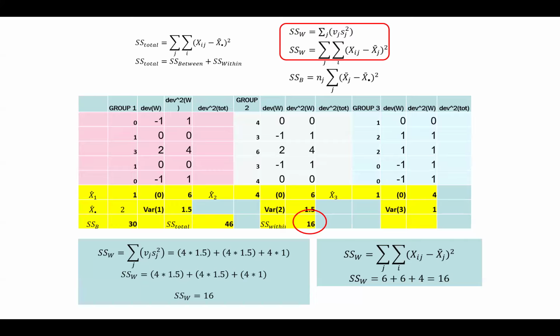Sums of squares within for group 2. That's 6. And sums of squares within for group 3. That's 4. So total sums of squares within is the sum of all the group sums of squares within. And either way, I get 16. Doing it both ways is a useful check.